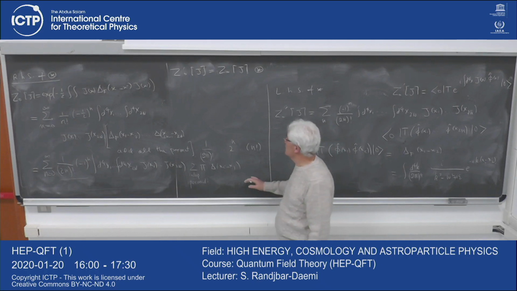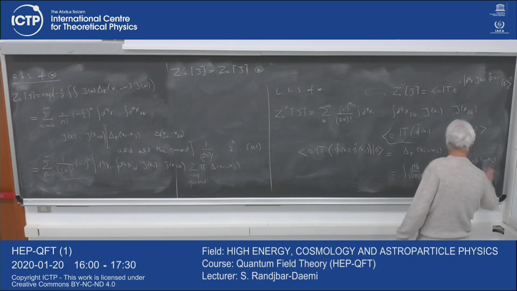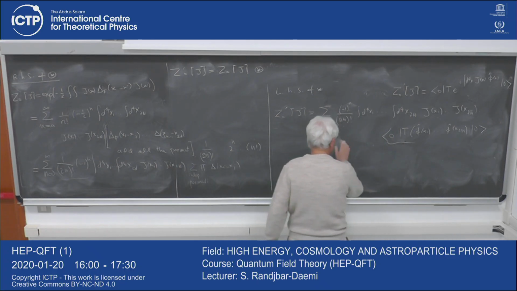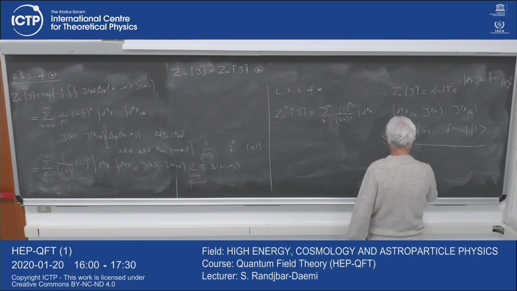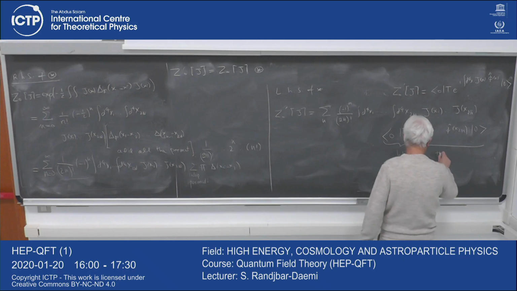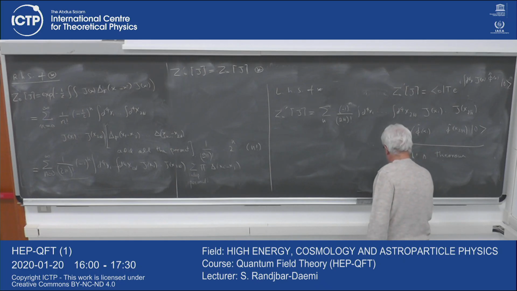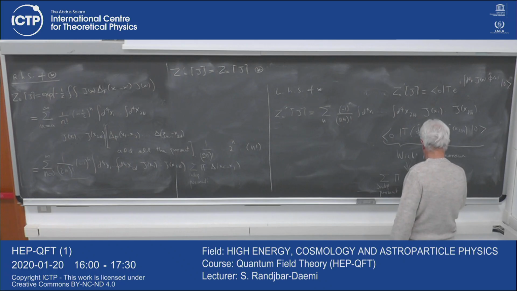Okay? So this completes the proof that this thing, let me erase this lower part and put it here. So, Wick's theorem implies that this is precisely the sum of the product of independent permutations of delta Feynman xi minus xj.